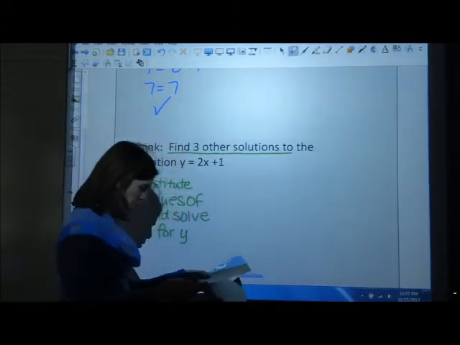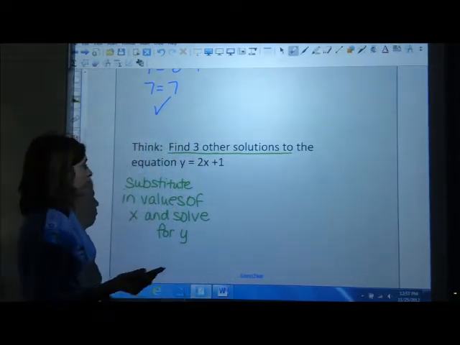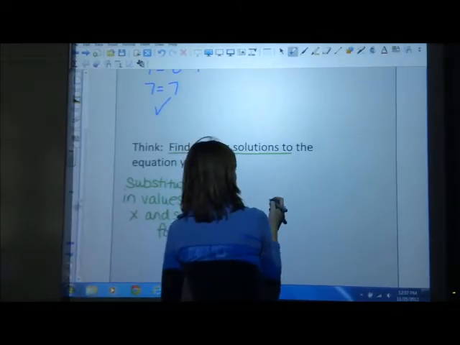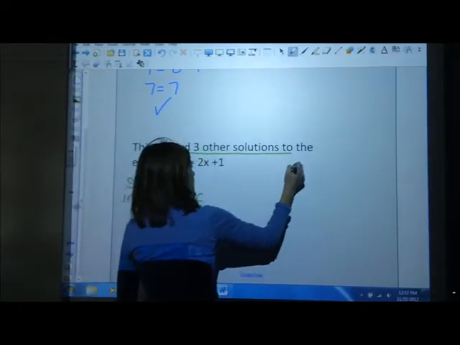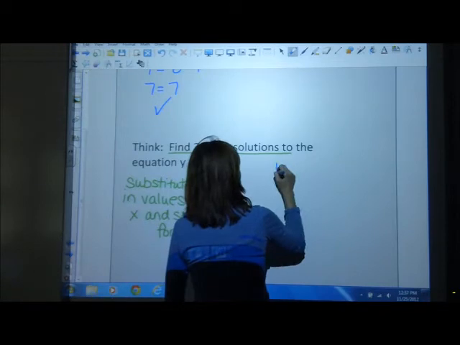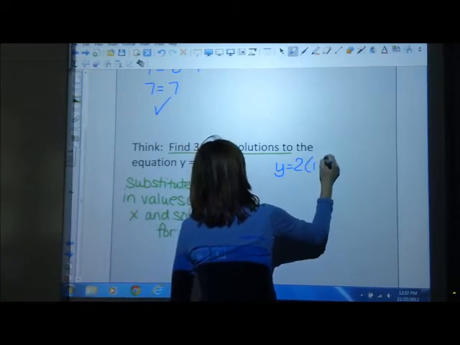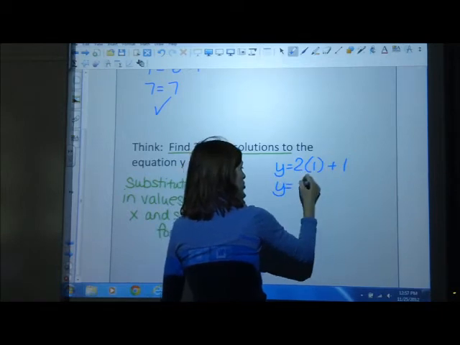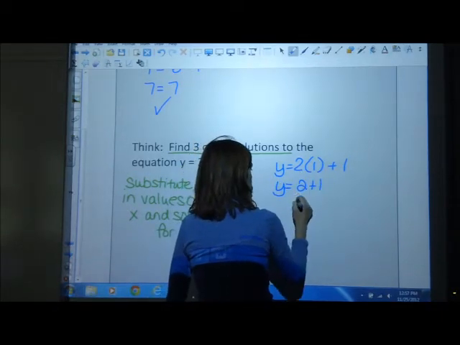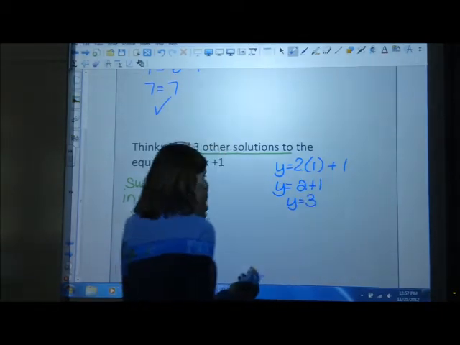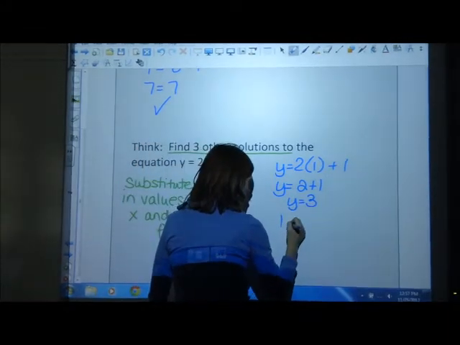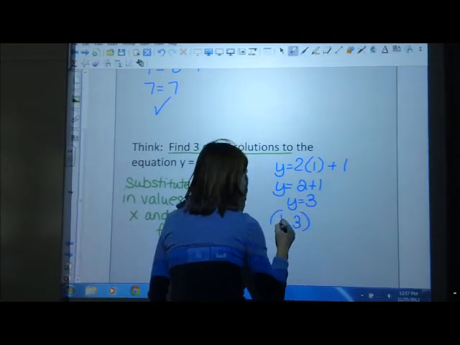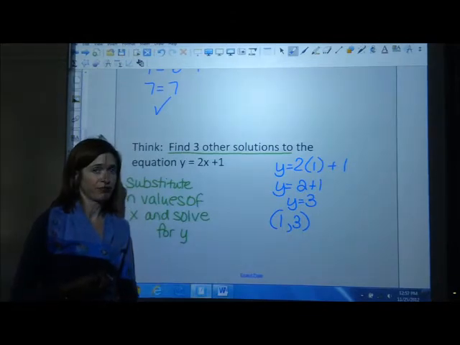We're going to let x be, how about 1? Okay, we're going to let x be 1. So, if x is 1, we get y equals 2 times 1 plus 1. So y equals, 2 times 1 is 2, so 2 plus 1, so y equals 3. So the coordinate point x of 1, y of 3, is a solution to the equation.